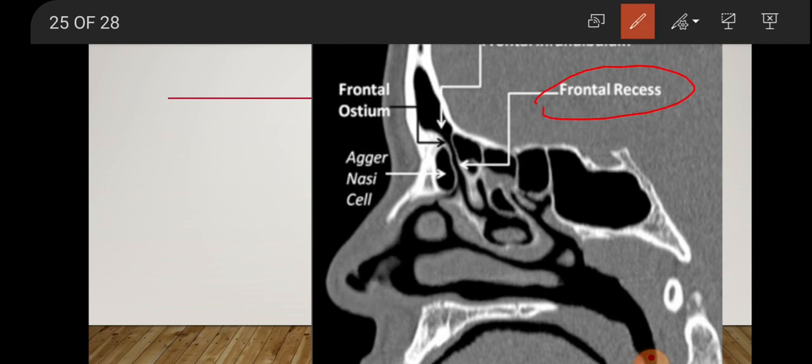Okay, so this is the sphenoidal air sinus, and here you see this part is the maxillary air sinus. So frontal, and these are ethmoidal. So this is a sagittal section of the CT head and neck to show the paranasal air sinuses.